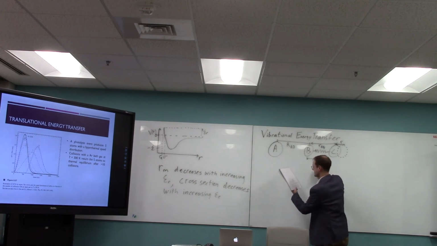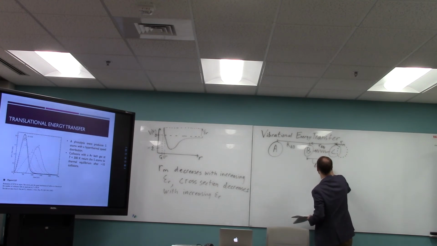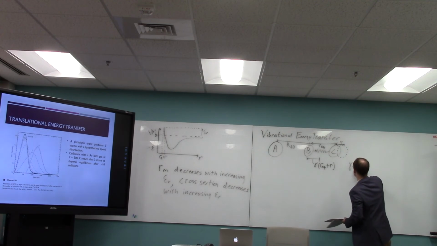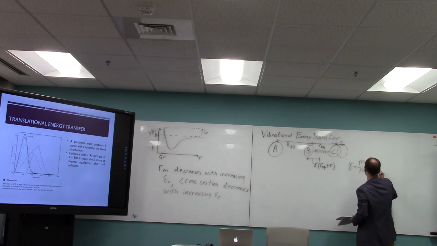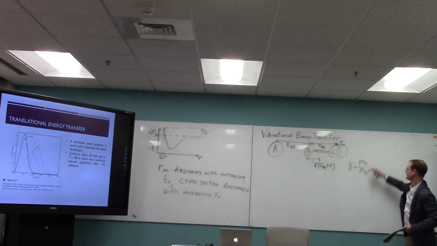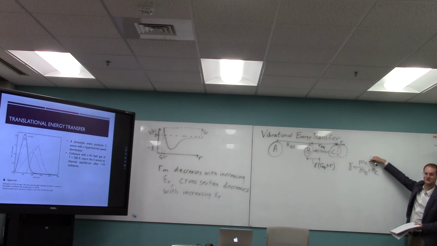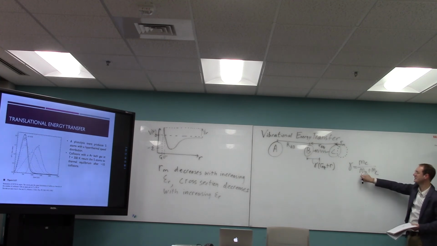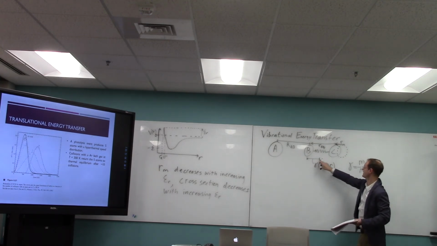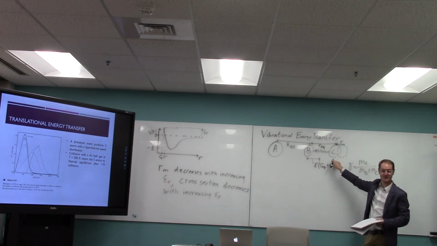This distance here from B is going to be gamma times the bond length, where gamma equals the mass of atom C over the total mass of the molecule. Right, so if atom C is very massive compared to atom B, then the center of mass is going to lie close to atom C.